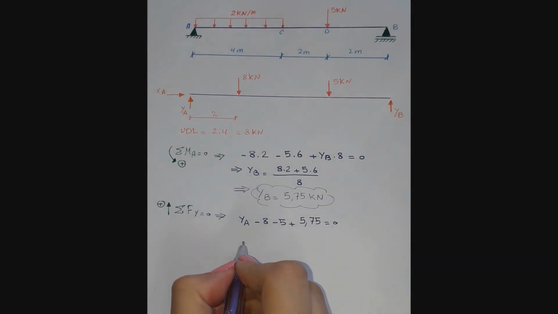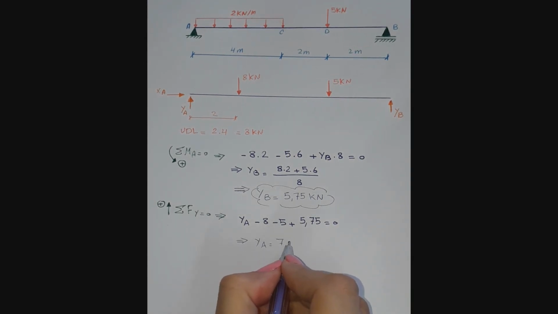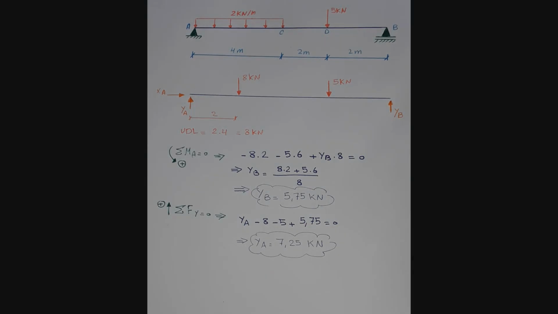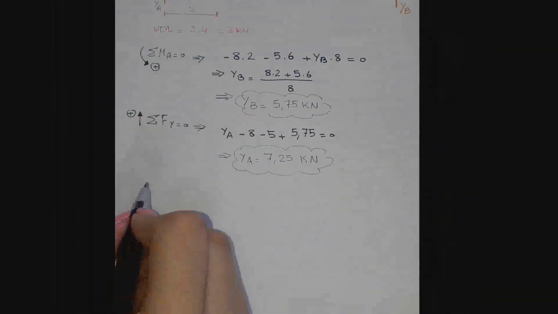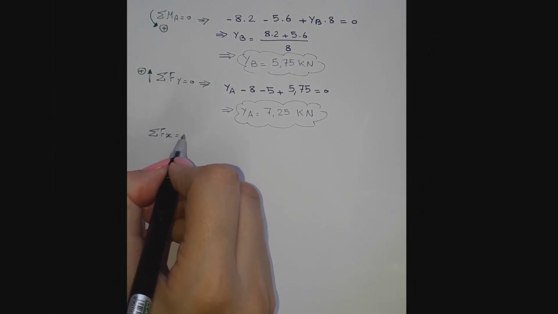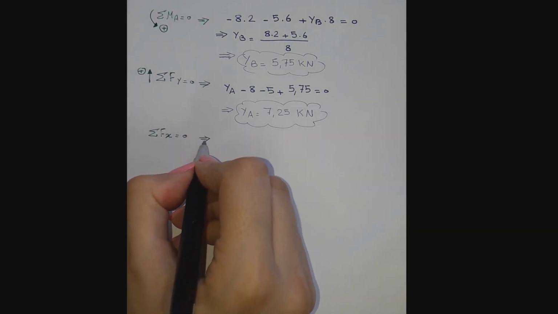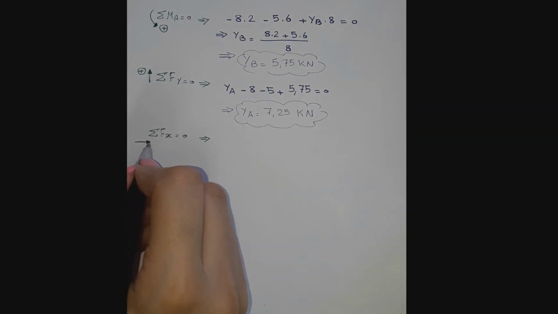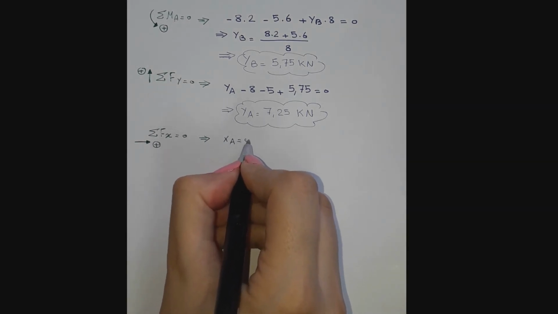Using the calculator, we find that YA equals 7.25. There are no forces acting in the X direction, so we write the sum of the forces in the X direction equals 0, and this is the positive direction of X, so XA equals 0.